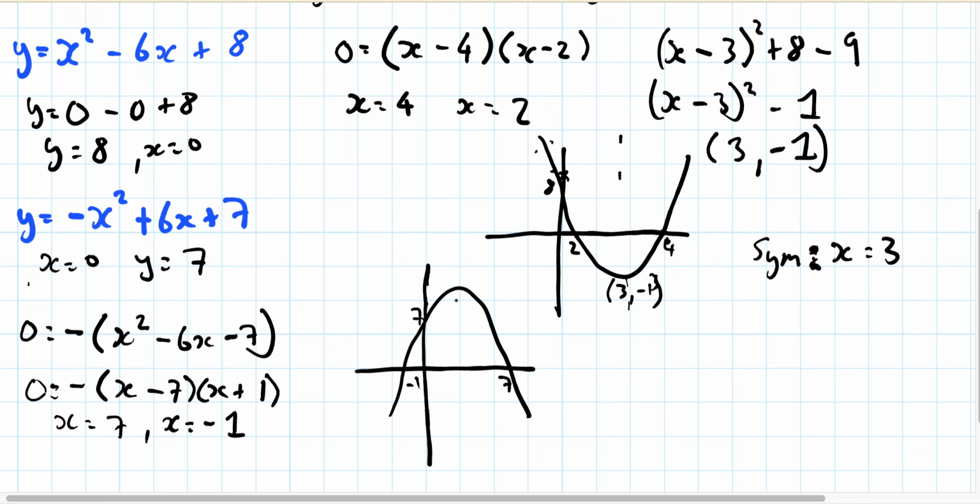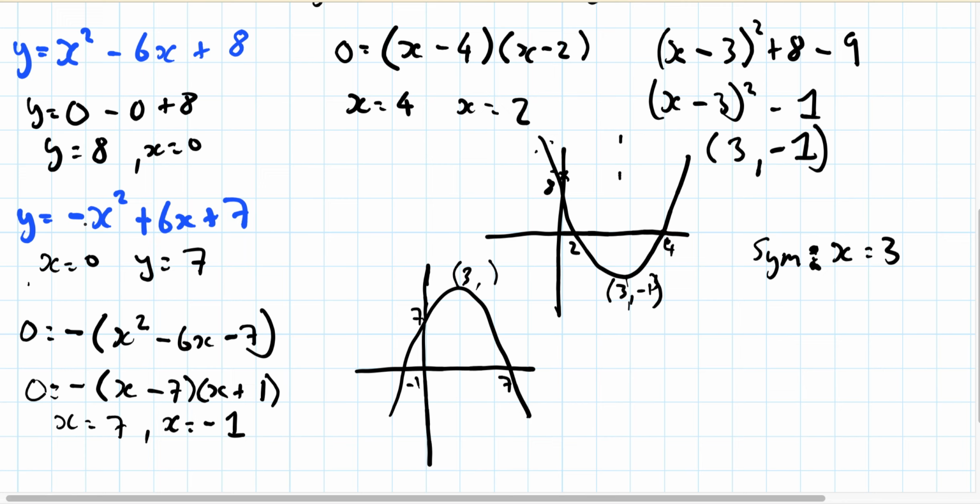Okay, so to work out my maximum point here, I know the x value is the midpoint of my roots. The middle of minus 1 and 7 is 3. And I can put that back into my formula.